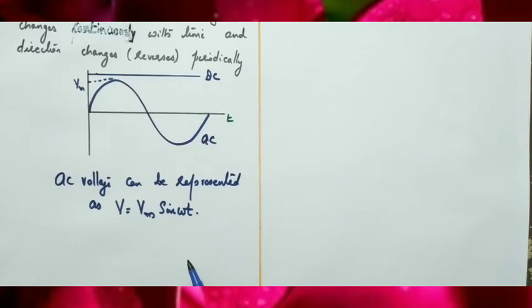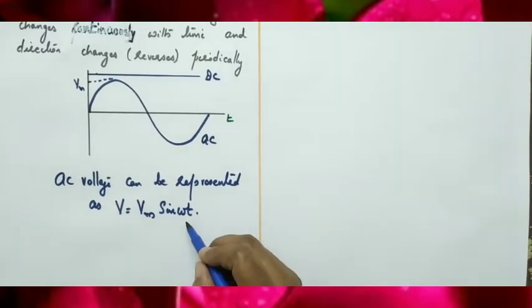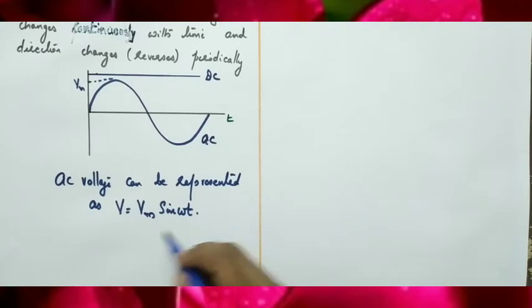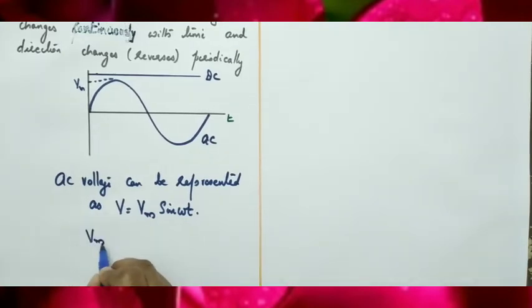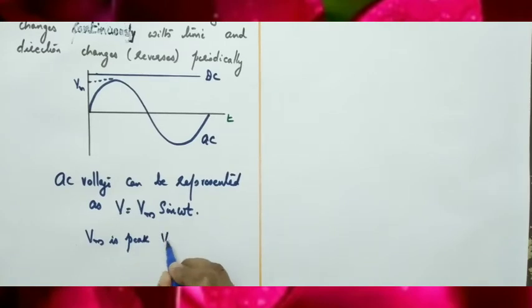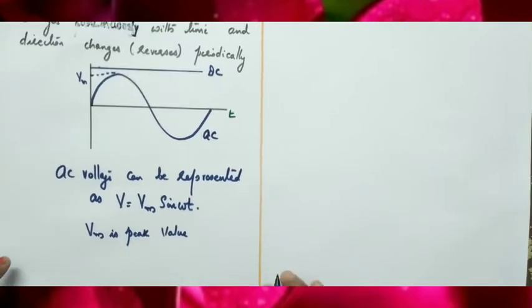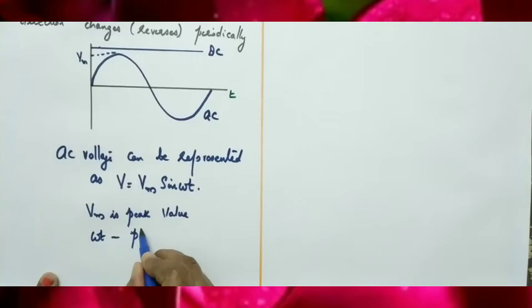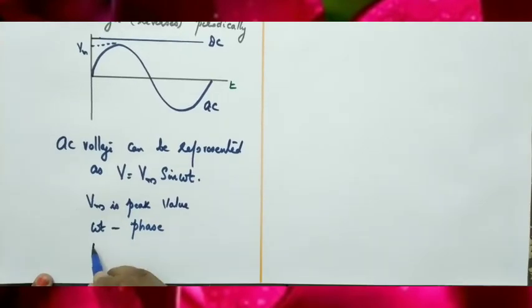Omega t is called phase, and omega is called the angular frequency.